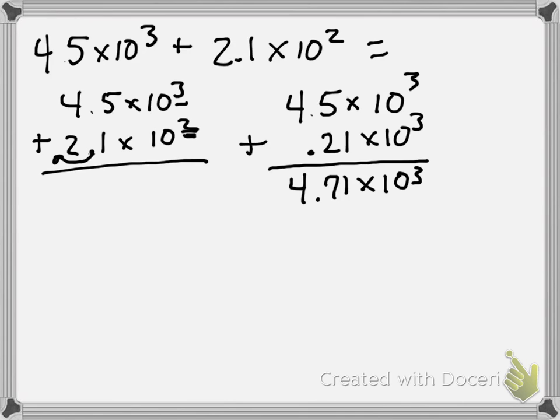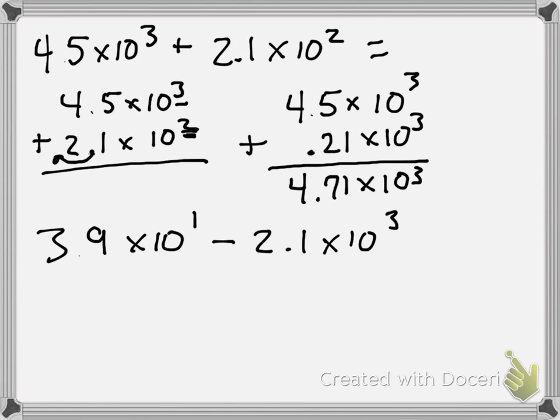Let's do 3.9 times 10 to the first minus 2.1 times 10 to the, let's do the third. Let's raise it up 2 powers here. Set them up over each other just to help you organize your thoughts.